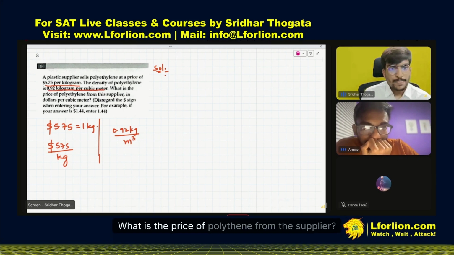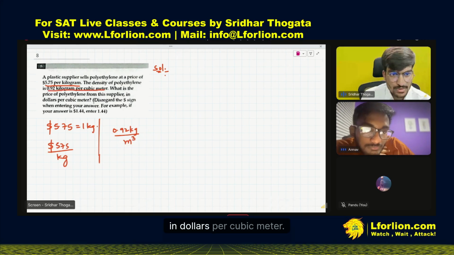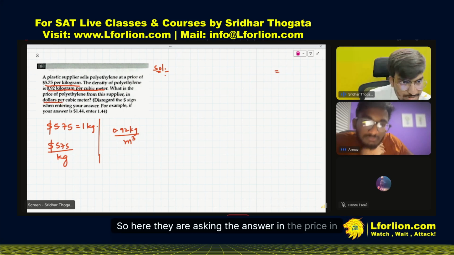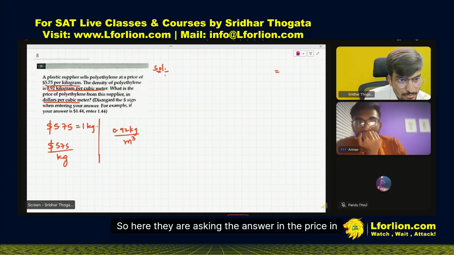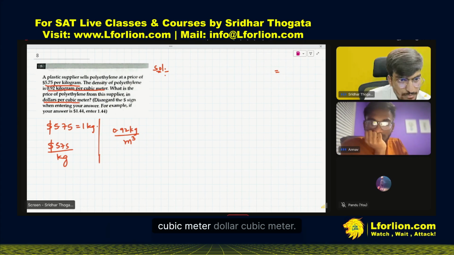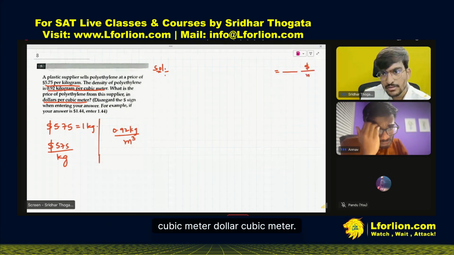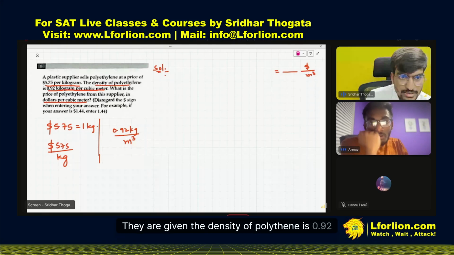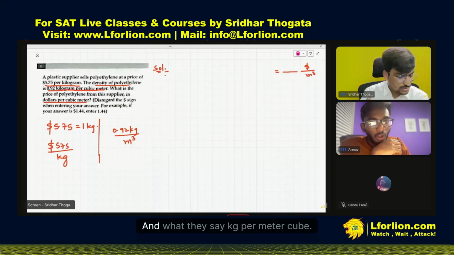What is the price of polythene from this supplier in dollars per cubic meter? So here they are asking for the price in dollars per cubic meter. The density of polythene is given as 0.92 kg per meter cube, right?